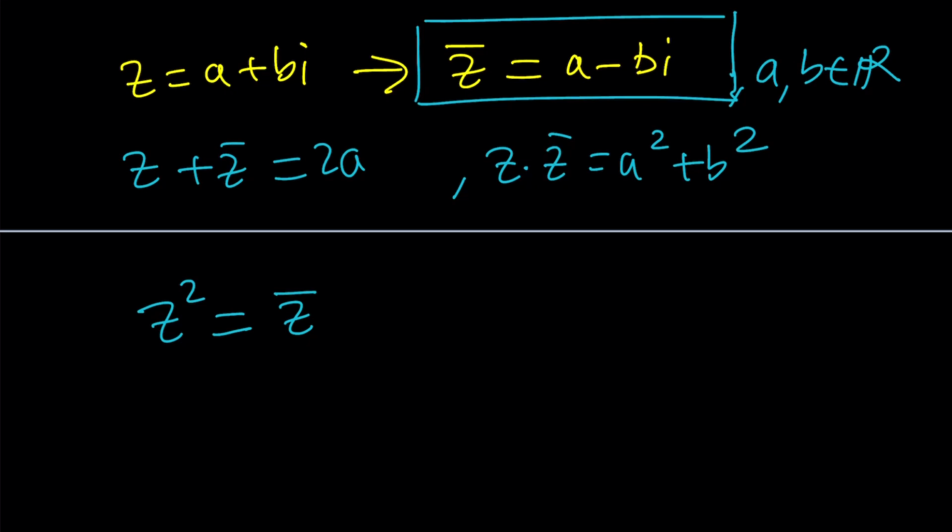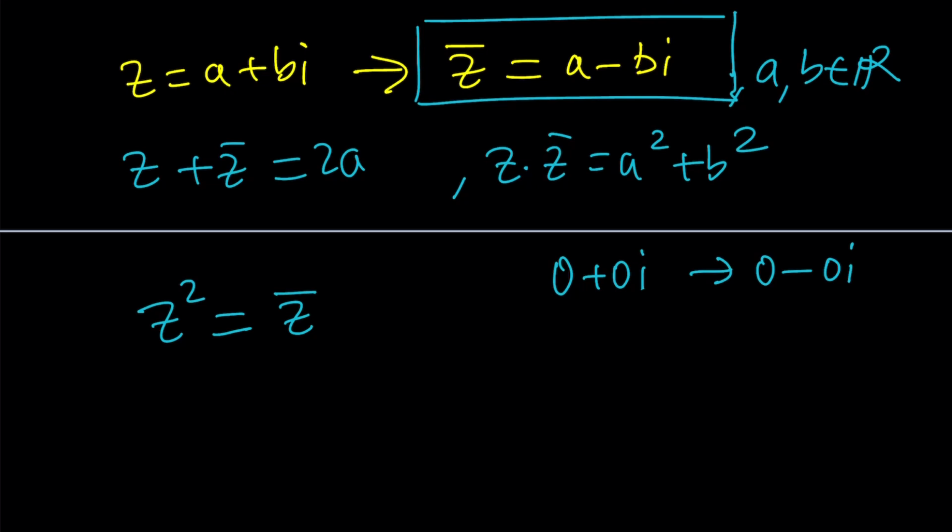What is the conjugate of 0? It's 0 plus 0i, and its conjugate is itself, since 0 minus 0i is the same thing as 0. So they're both 0, and z equals 0 seems to work in this case. But now let's assume z does not equal 0. We could also divide both sides by z. I don't know if it's going to help at all, but let's just multiply first.